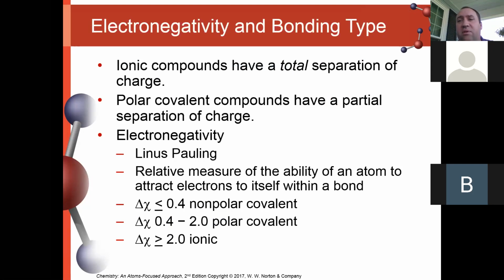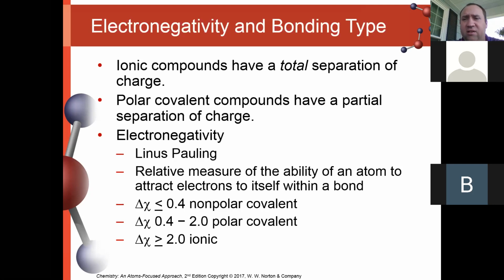The electron completely leaves one of the atoms and goes to the other. Whereas in the polar covalent, we had a partial separation of charge. The electron was more likely to be around the chlorine than it was around the hydrogen. But there was still quite a bit of affinity for the hydrogen by those electrons. They were not completely dissociated from them. They were not completely taken away from them.